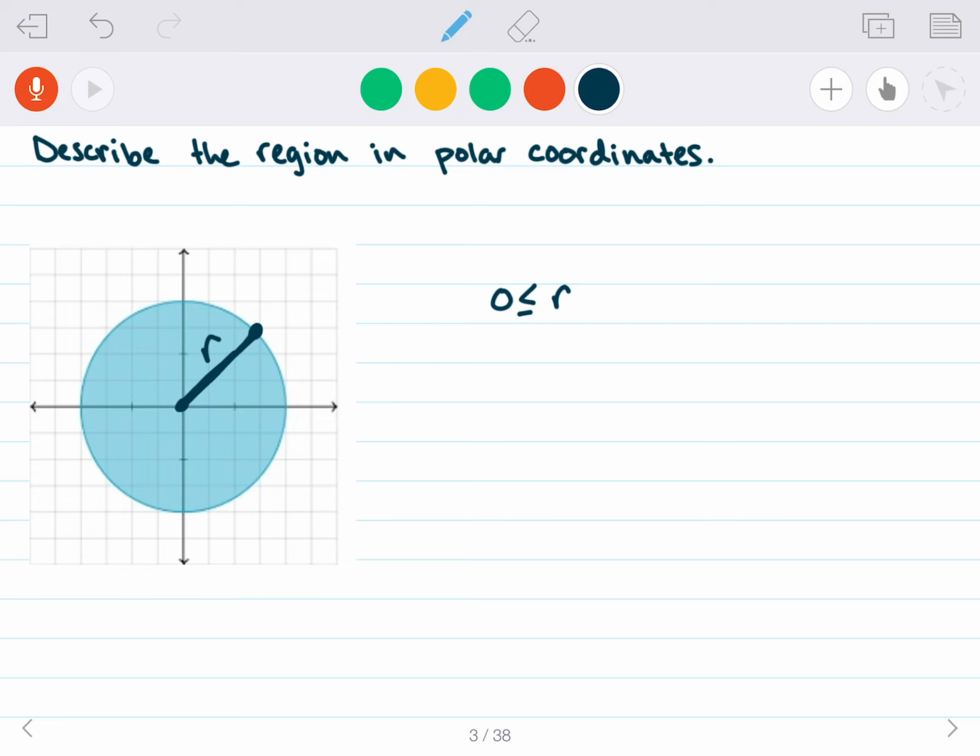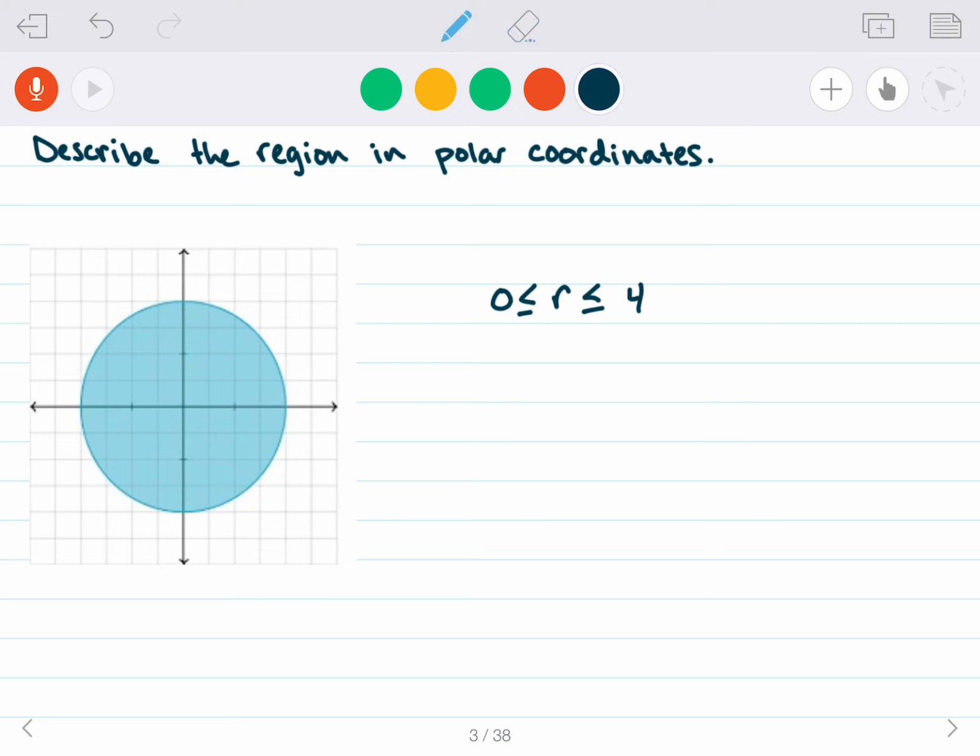Since the radius is the distance from the center to the edge, we can just count up from the center: 1, 2, 3, 4. So this is a radius of 4. Okay, so we're going from 0 to 4. That includes all possible radii of the points in the set.